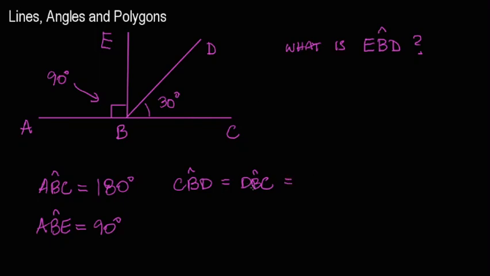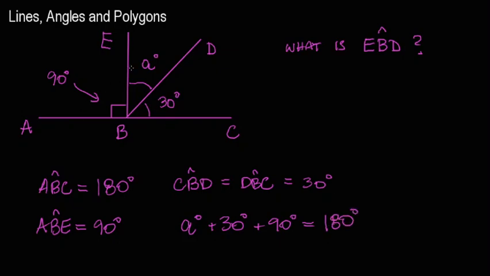It's the same angle. This is 30. So we know that this angle which is missing, let me call this angle A. So our angle A plus 30 plus 90 is 180 degrees, which is the half turn.